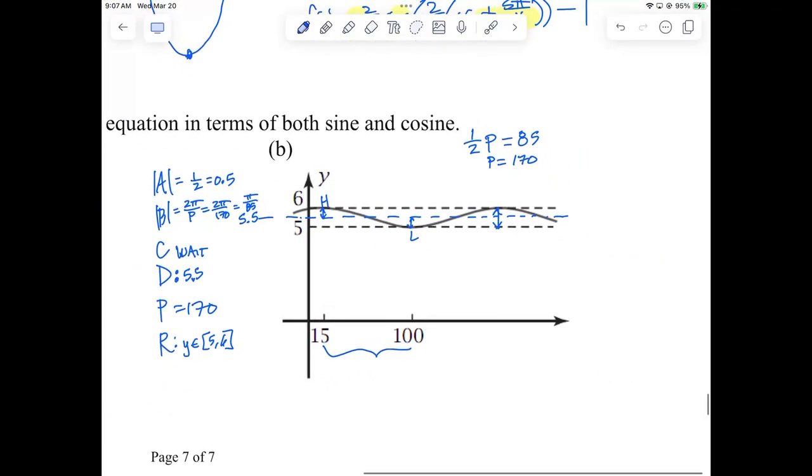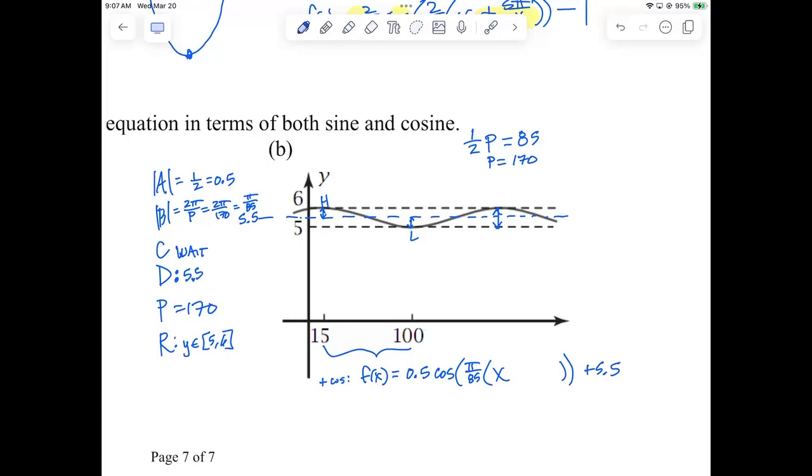So for a positive cosine, we're going to have f of x equals. The amplitude is, I'll just stick with decimals, 0.5, and then cosine of pi 85ths times x plus or minus something, plus 5.5.